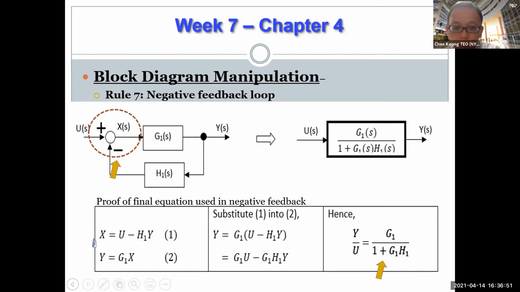From this step, it never explained why it comes to this step. Maybe it's better for me to derive it for you, because it doesn't seem to show the full derivation. Let me share it with you so that you will be clear how you get there. But eventually, when you do it, you need not memorize it.